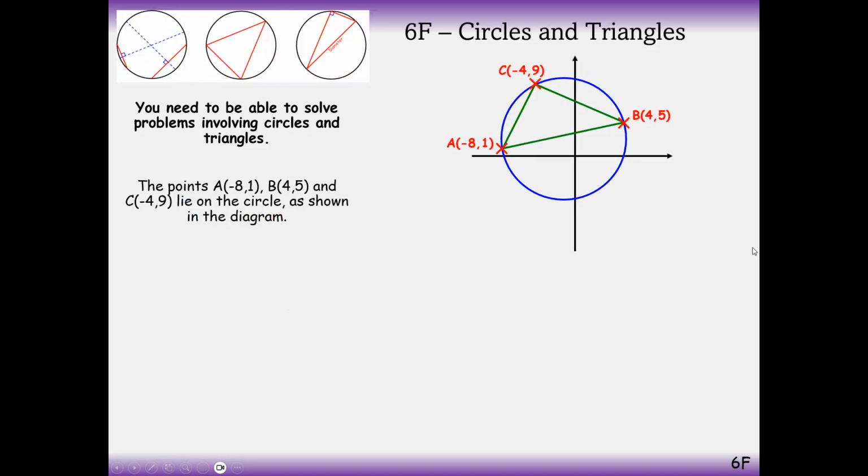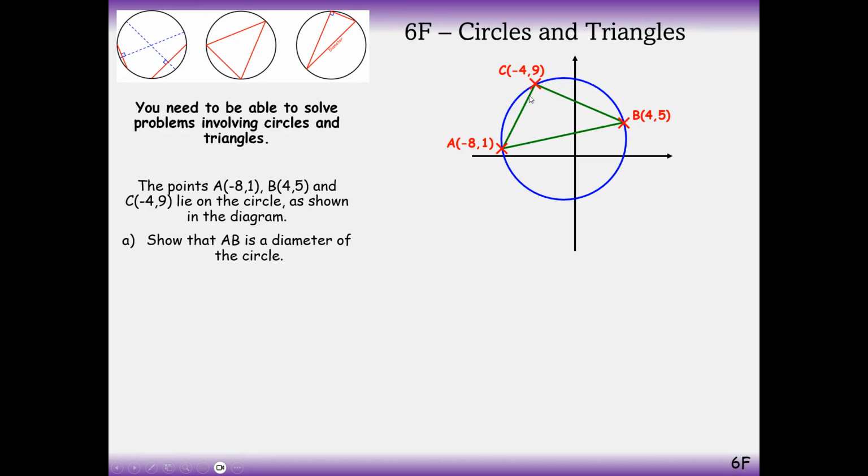So now here in this example, we've been told the coordinates of the triangle, and we've been told that they lie on a circle. So we're sure that these coordinates are on the circumference of a circle. Show that AB is a diameter. Now, there are various ways you can do it. There's two ways.